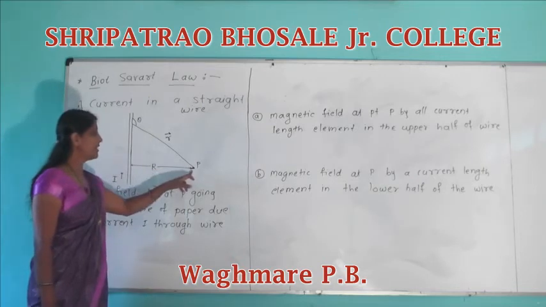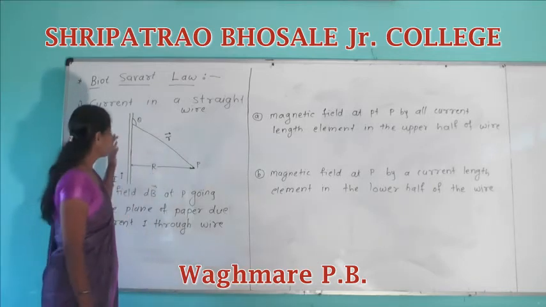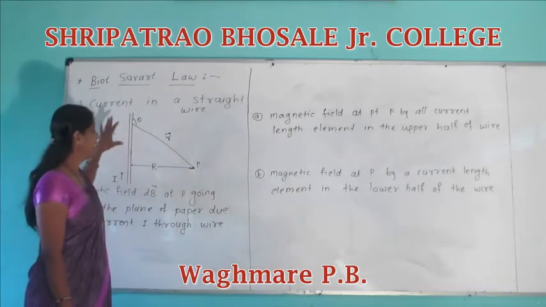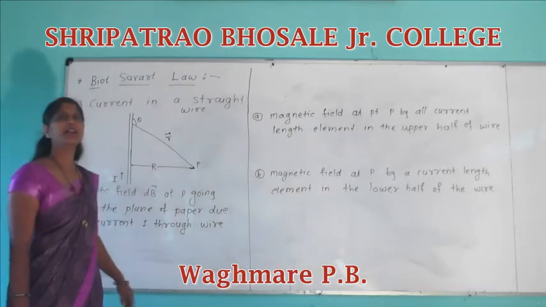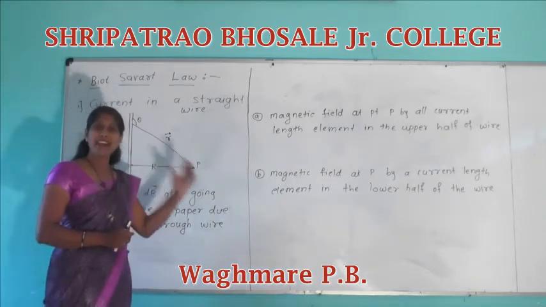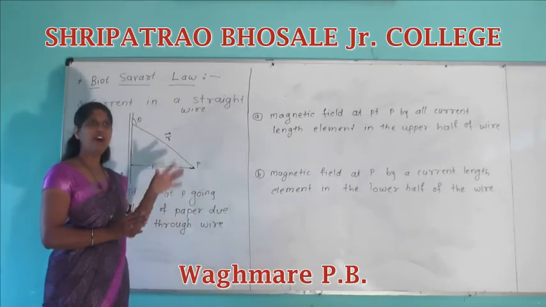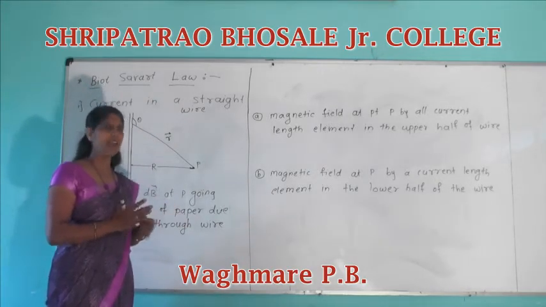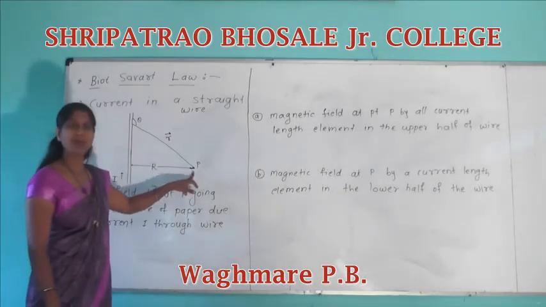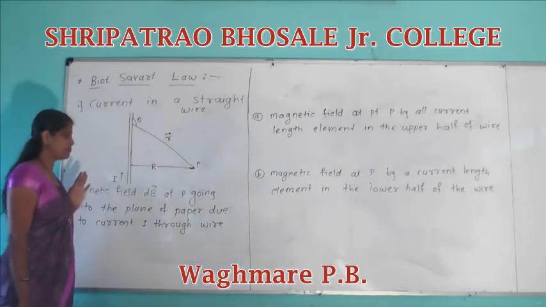Initially we find the magnetic field due to a small element of length dl, and by integrating all the magnetic fields dB for the differential length dl, we get the total magnetic field at point P due to the current passing through this conductor.